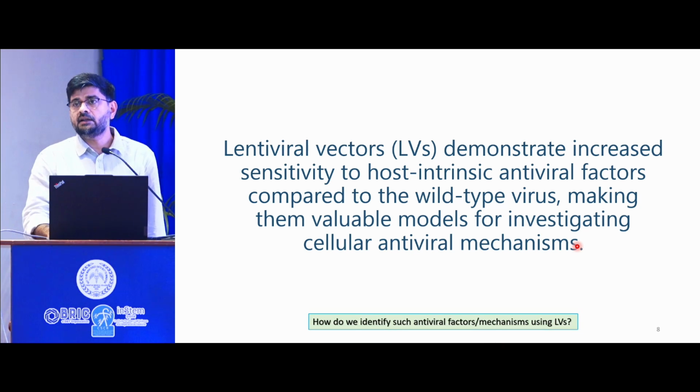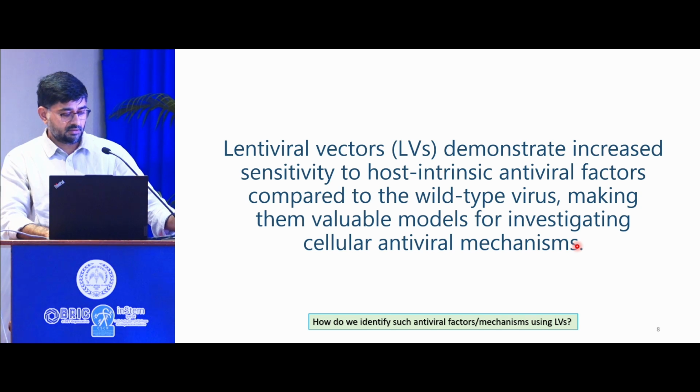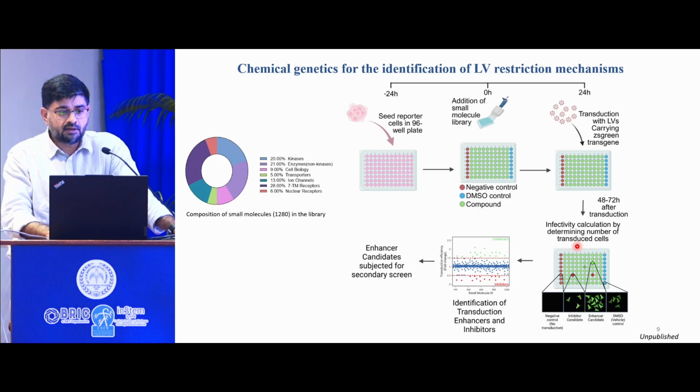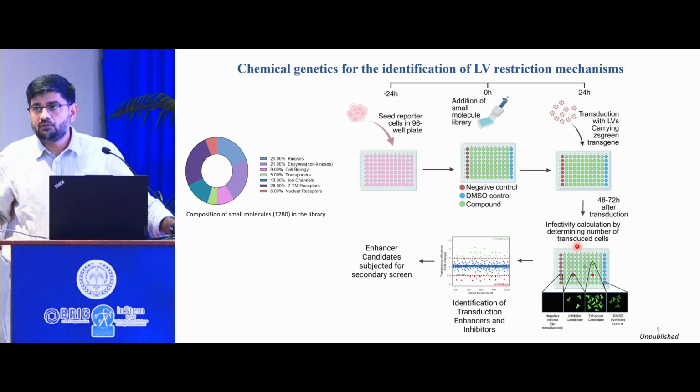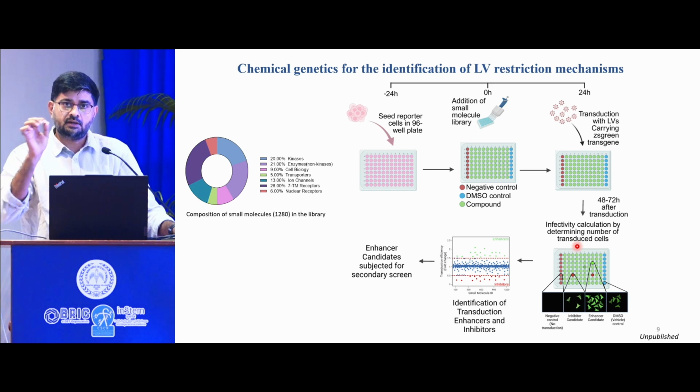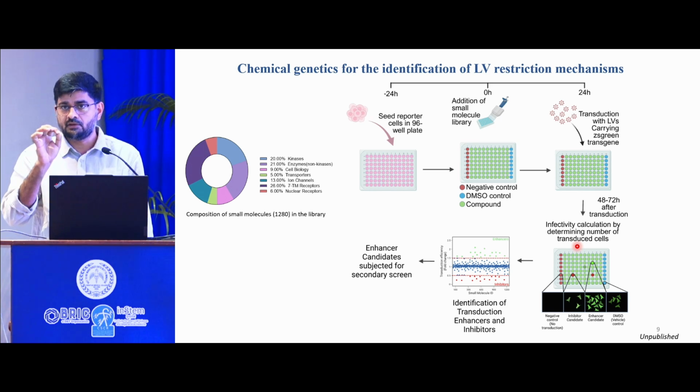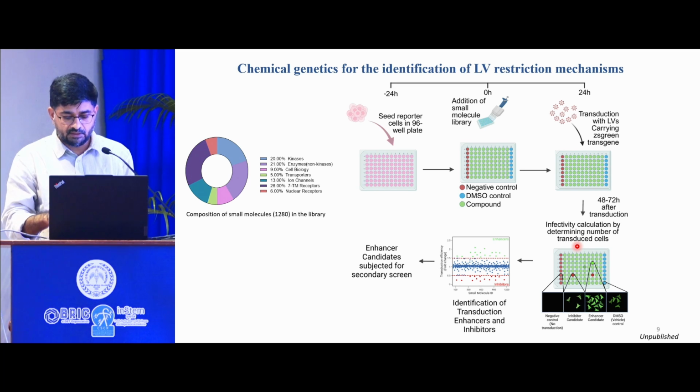So, how do we identify or study such factors or mechanisms? In our lab, we use something called chemical genetics as an approach, wherein we use small molecules that are known to have specific effects, or whose targets are known, or the pathways that they target are known.